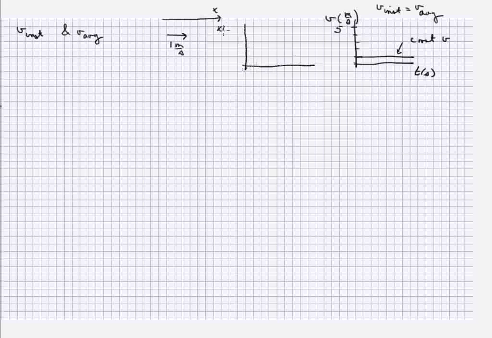So here's my x in meters versus time in seconds, 1, 2, 3, 4, 5 meters and 1, 2, 3, 4, 5 seconds. And I would get an x versus t plot that looks like this.